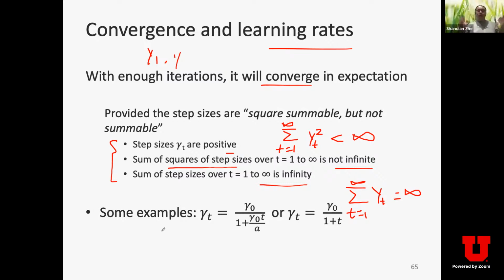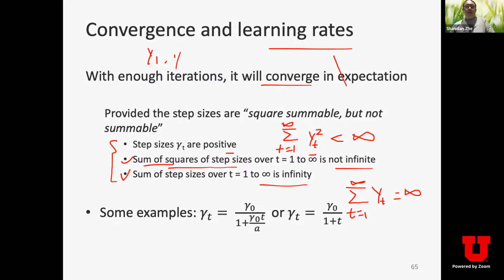But here, of course, we're not going to that point. I just want to give you some intuition about these two conditions. What do these two conditions mean? First one: if you sum over the square of these step sizes, this summation must be bounded. What does it mean?